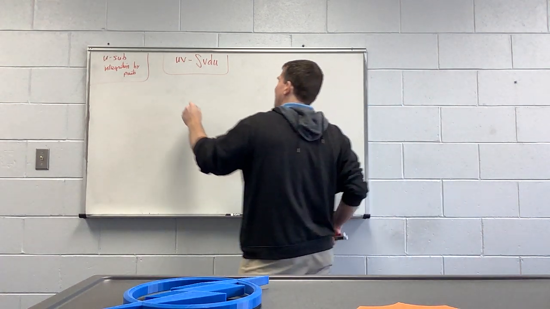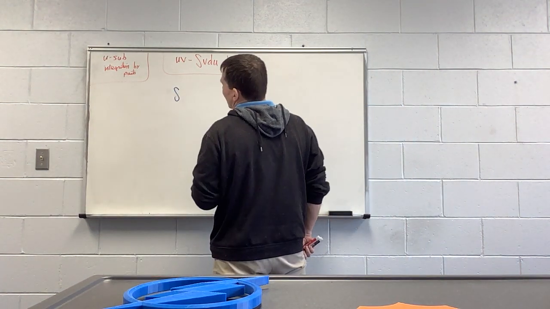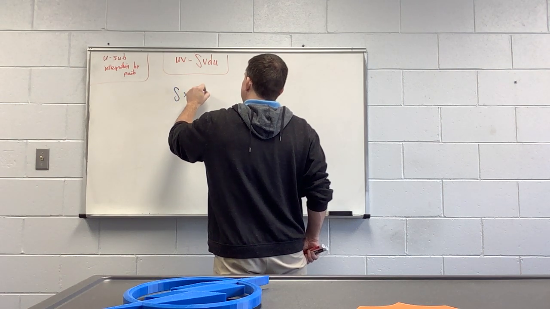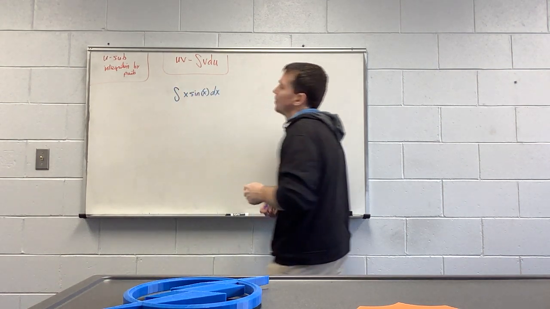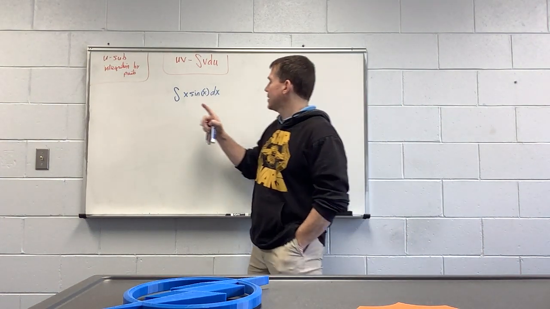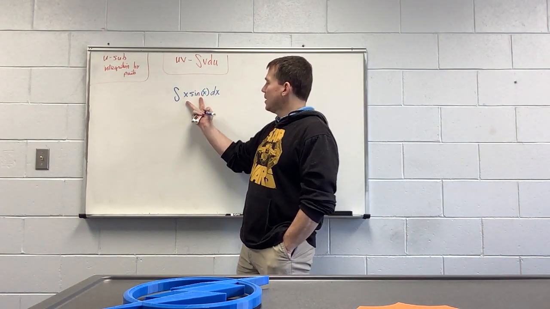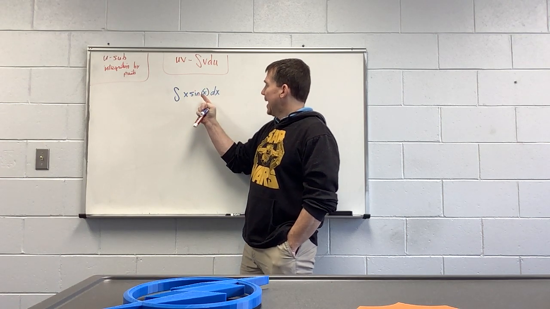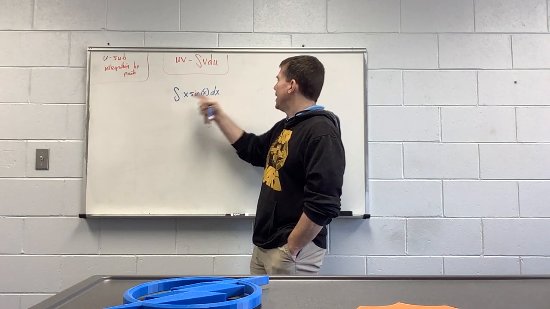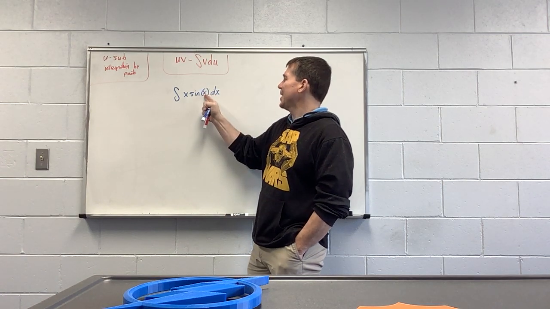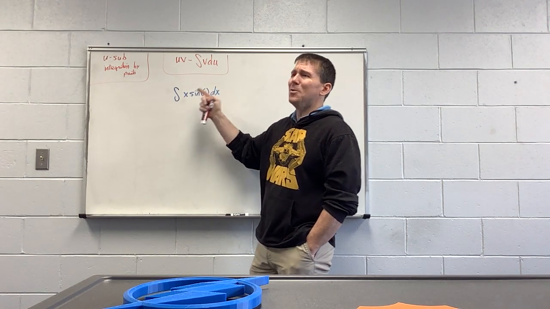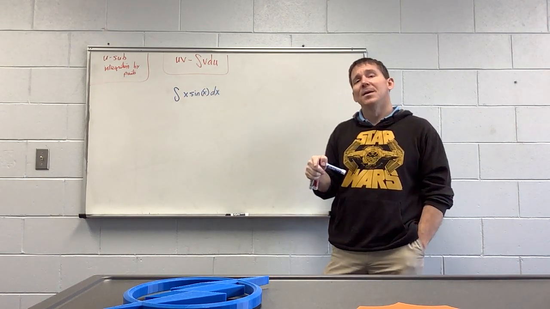So if I have the integral of x sine x dx, we look at that and say, wait a minute, that's clearly the product of two functions. And I cannot come up with a U substitution. u would have to be x here because it's inside the sine function. But then that would also be u, and I end up exactly where I started.